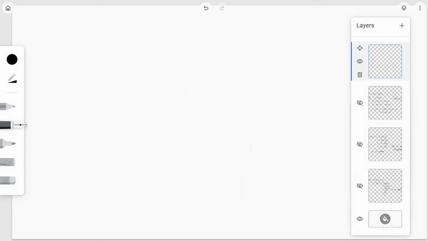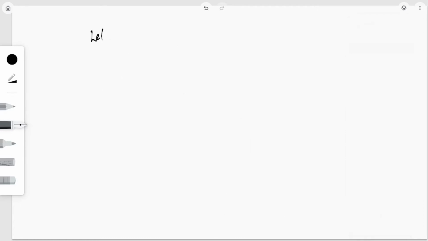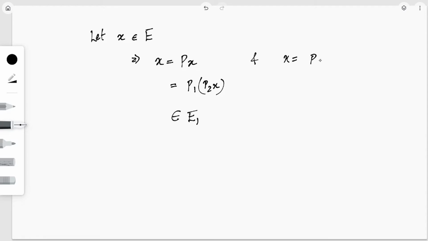Now let's see the other one. Let x be an element of E. This implies x is equal to P of x, so this is P1 P2 of x. So this is P1 of P2 of x, which implies this is an element of E1. Similarly, x equal to P of x, I can write this as P2 P1 of x.